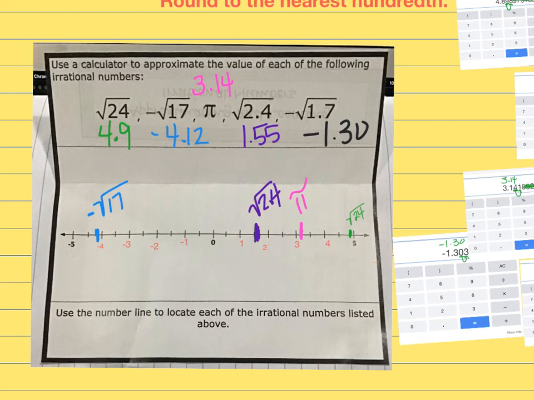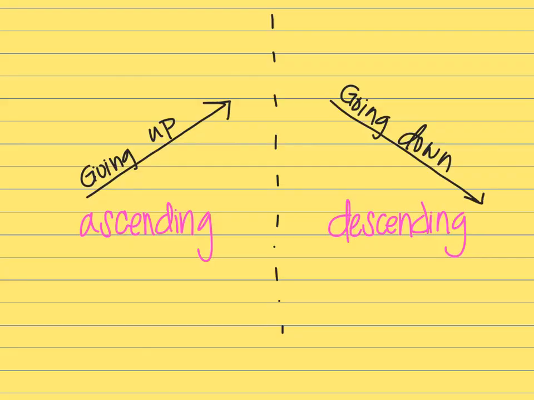All right, negative 1.3 is in between negative 1 and negative 1.5. So that would be right here, and I would put negative square root of 1.7.